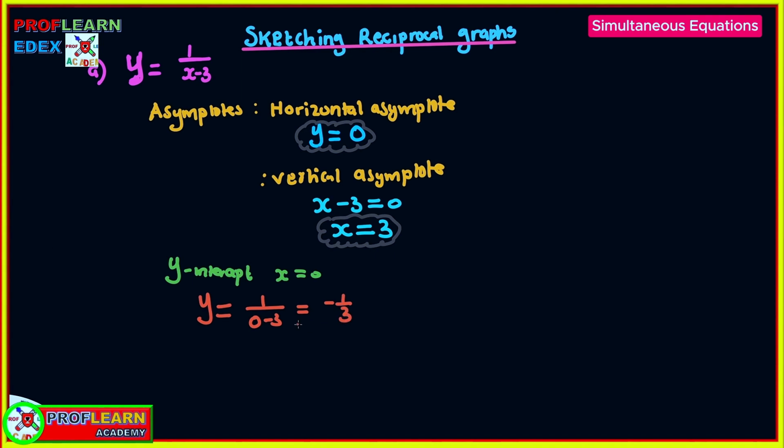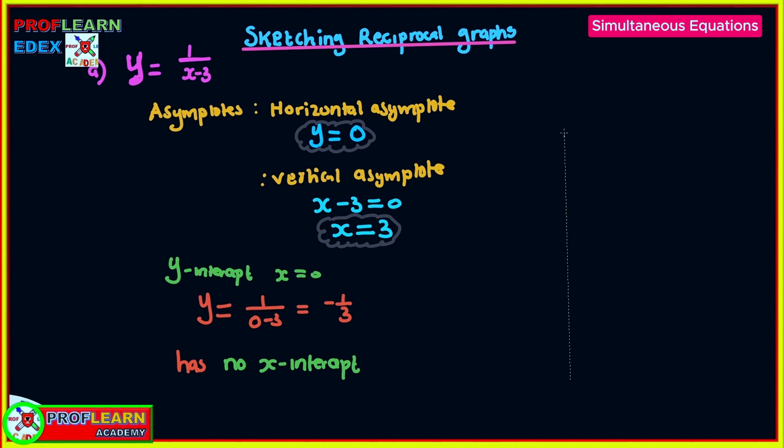So this graph is going to cut the y-axis at the point negative a third. Since we had said the horizontal asymptote is y equals 0, which is actually the x-axis, this graph has no x-intercept.